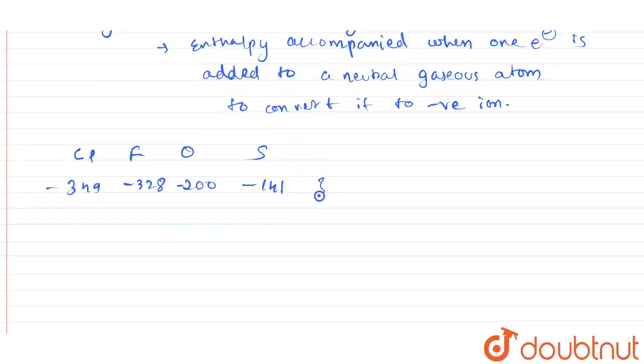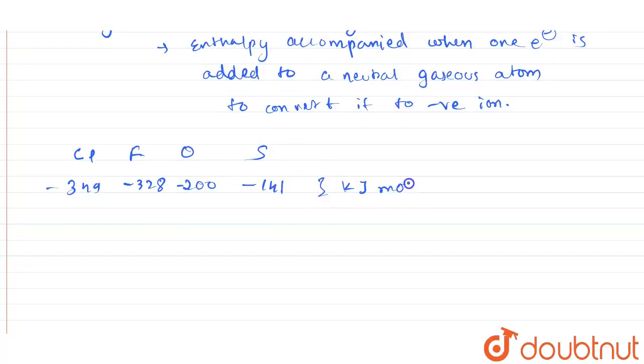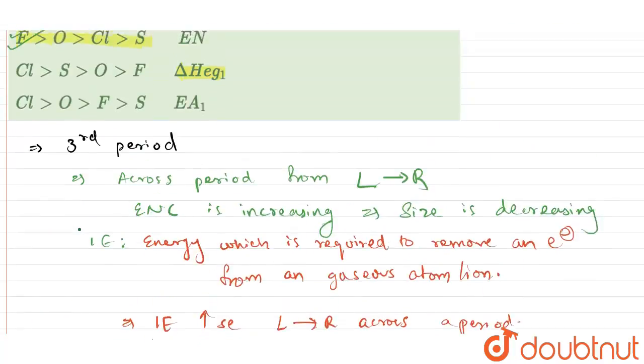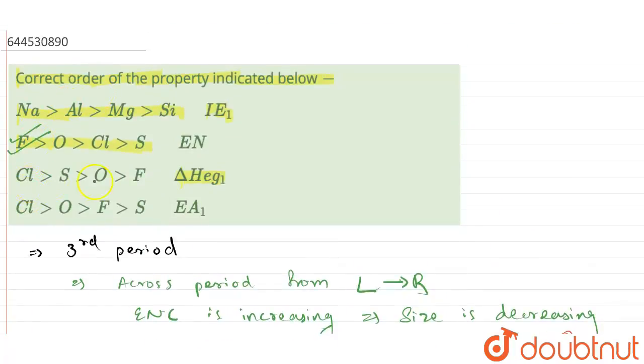All the values are in kilojoule per mole. So the maximum is for chlorine, then fluorine, then oxygen, and finally sulfur. So ClFOS is the order, but here it is ClSOF, so this is incorrect and we can ignore this option also.